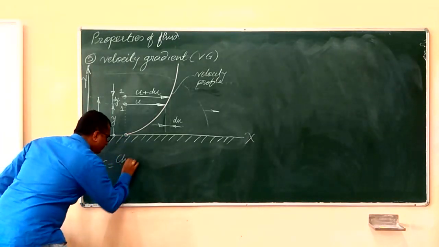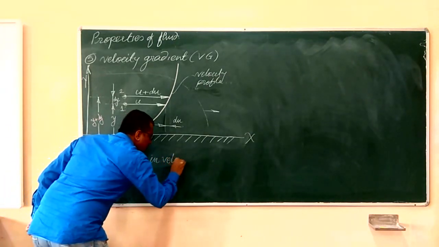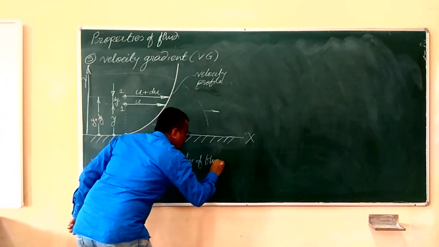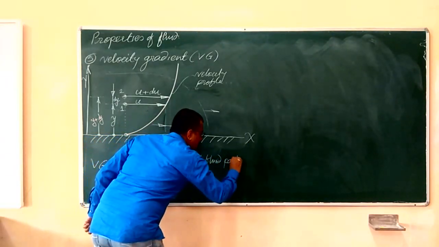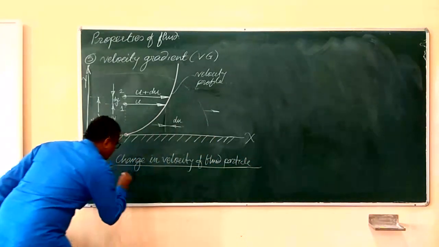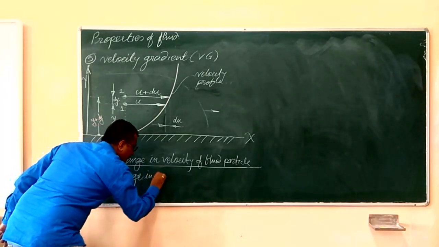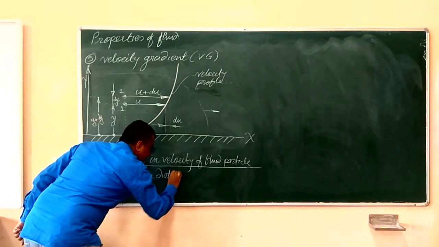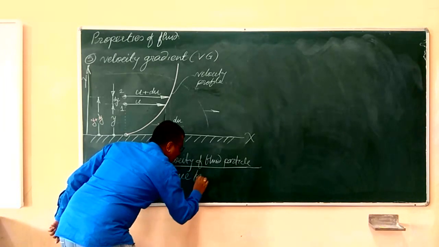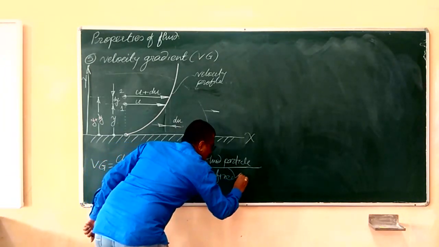It is change in velocity of fluid particle per unit change in distance from fixed surface.